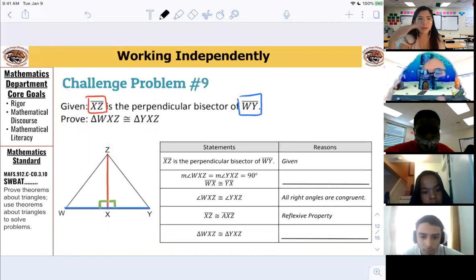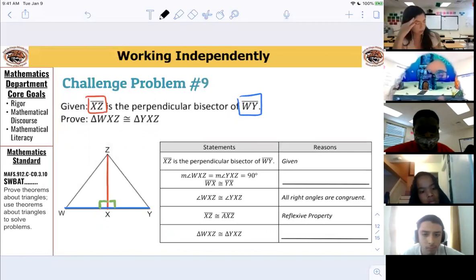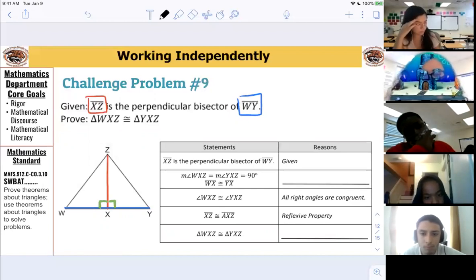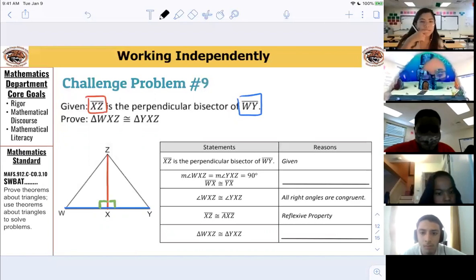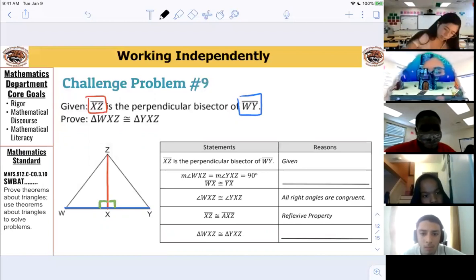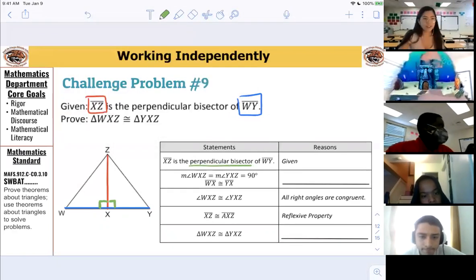Remember, things have to go in a specific order that follows what you already said before. So what did they already give us before? The definition of a perpendicular bisector. There it is. Janelli said that, by the way. Good job, Janelli.